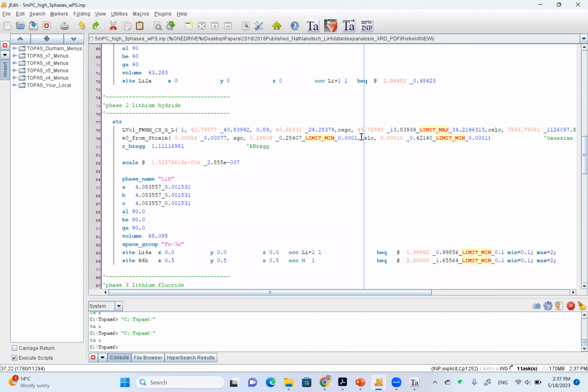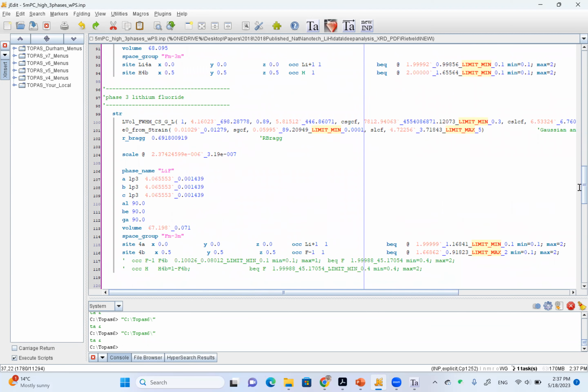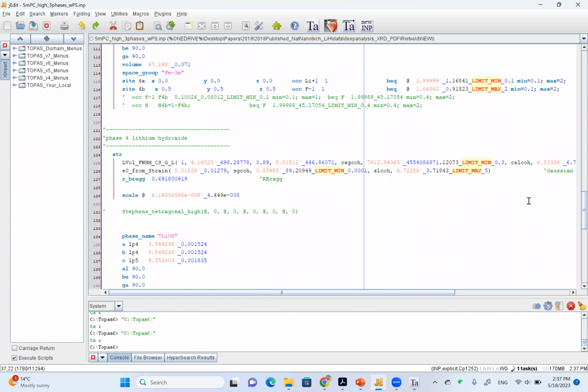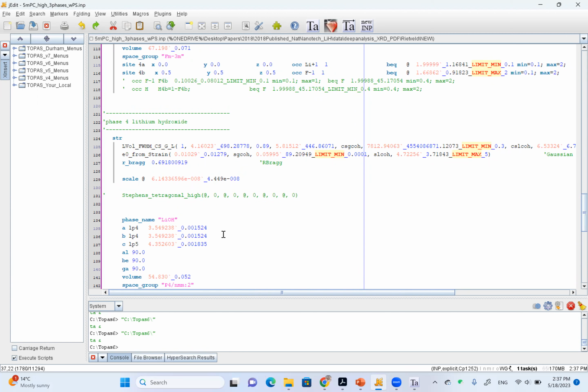You see the lithium metal and the lithium fluoride, the lithium hydroxide, right? So you see the lithium hydroxide, as I mentioned, has anisotropic broadening. I commented out this line, which is called the Stephens tetragonal height. And this is the advanced profile function that is used to fit anisotropic peaks.